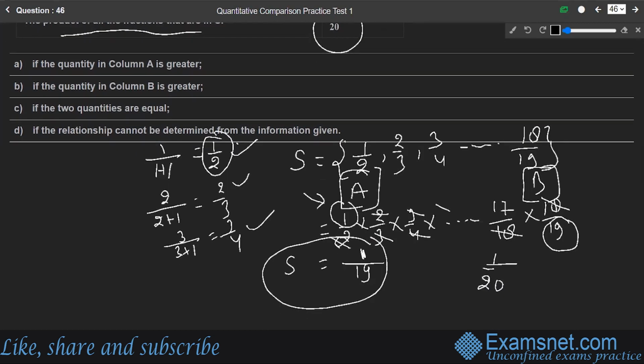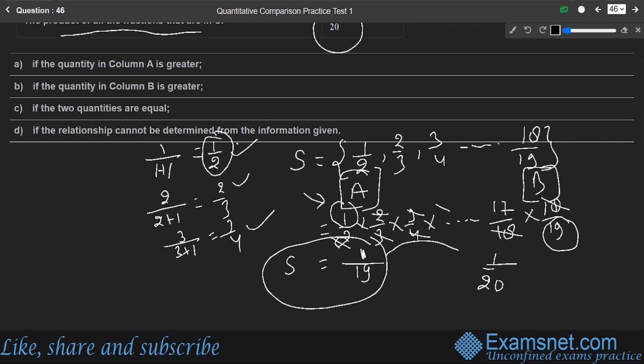So clearly the numerator values are the same, that is 1, and the denominator values are 19 and 20. If in two fractions the numerator values are same, then that fraction is bigger which has a lesser denominator value, because when the denominator of a fraction becomes lesser, the fraction actually becomes higher.